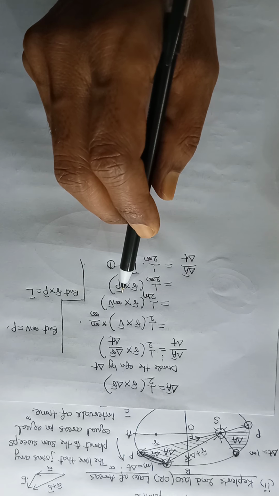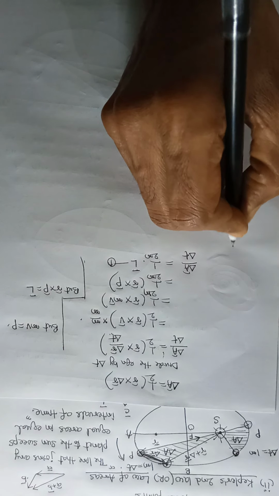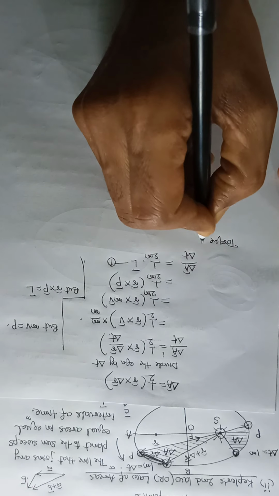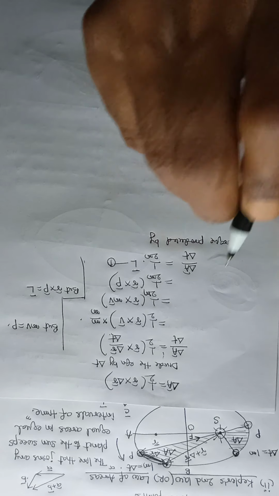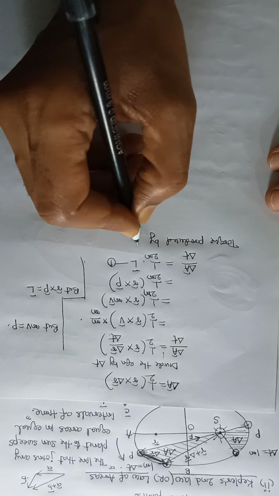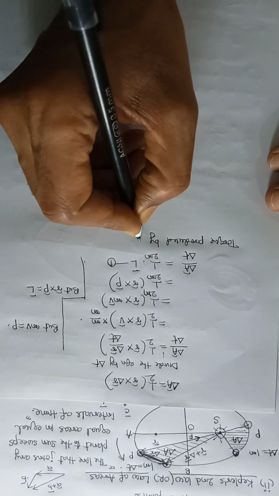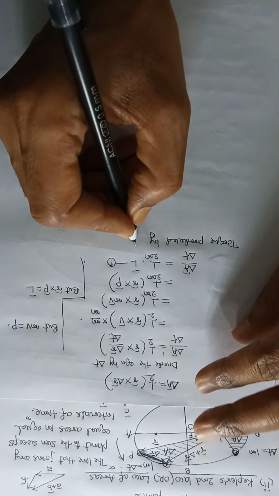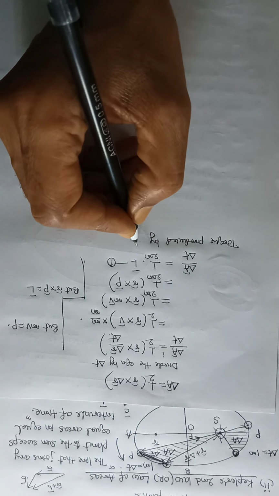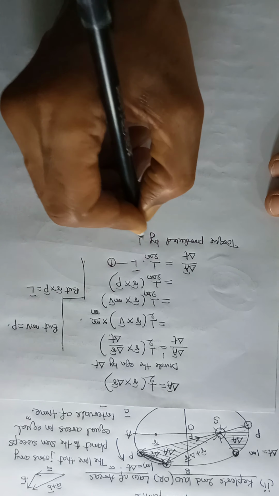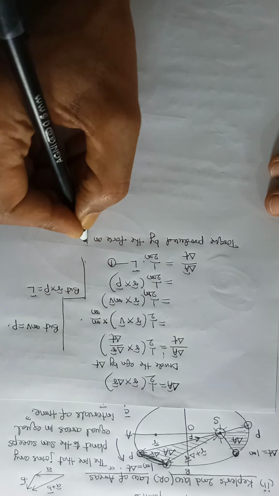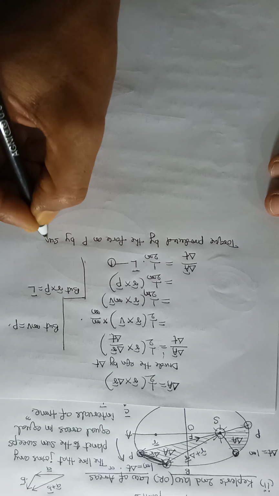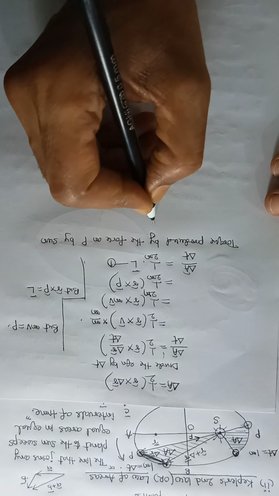Now let us calculate the torque produced by the attracting force, this gravitational force, which can be called a centripetal force also. Torque produced by the force on the planet by the Sun.